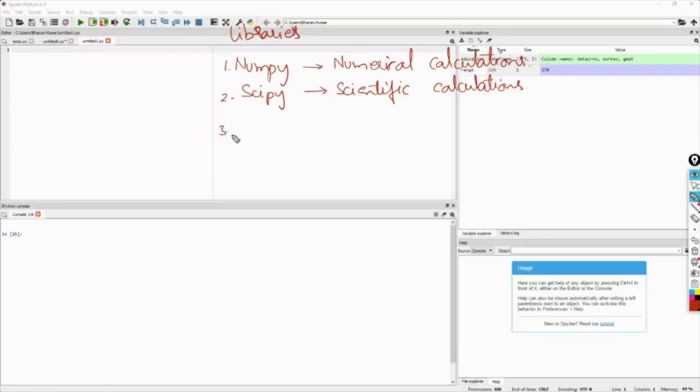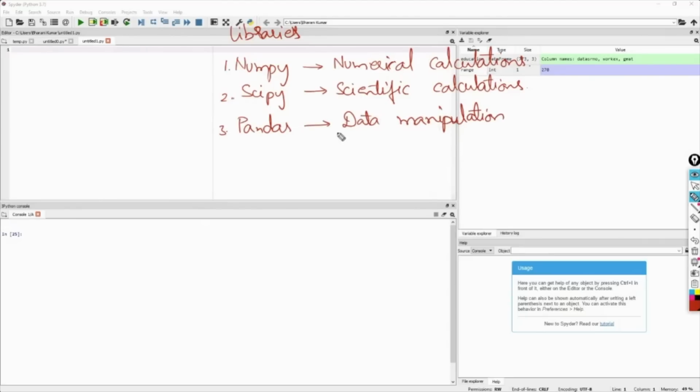Third, we have another package called as Pandas. Pandas is used for data manipulation. Data manipulation means to load your data sets into the tool, into Python, to add different columns, to merge different tables, so on and so forth.